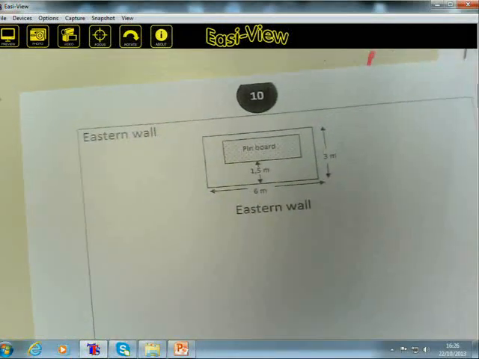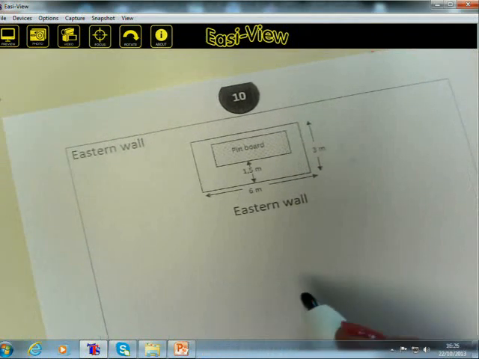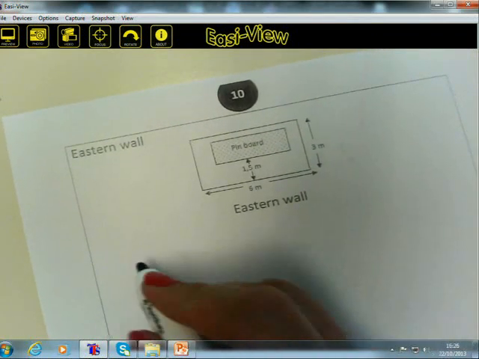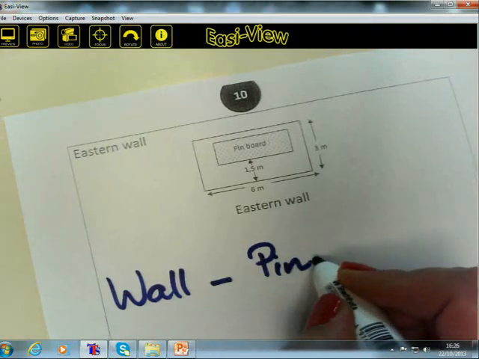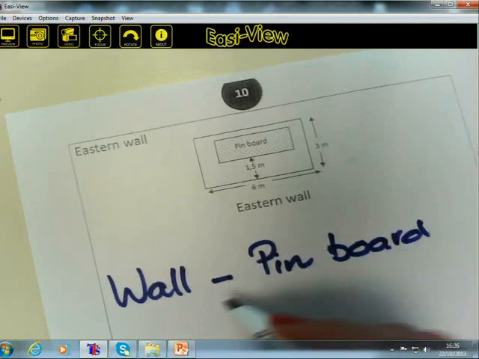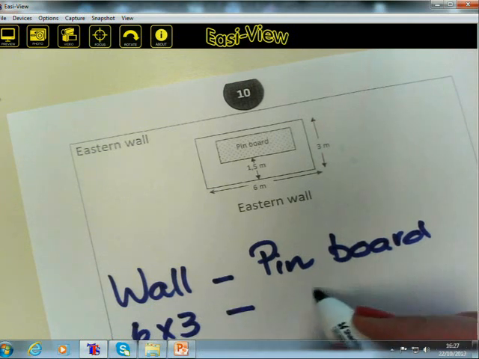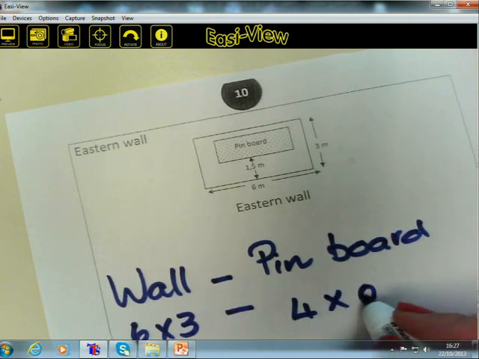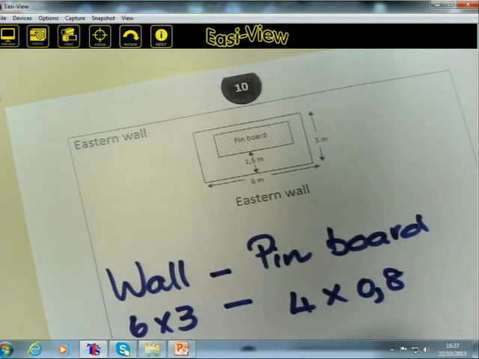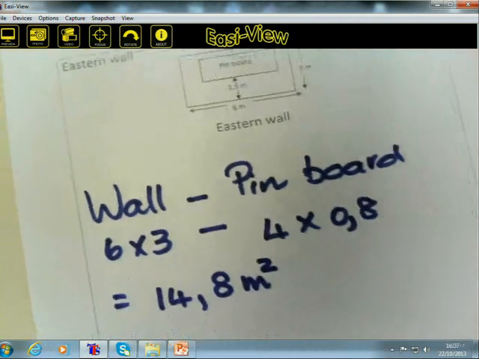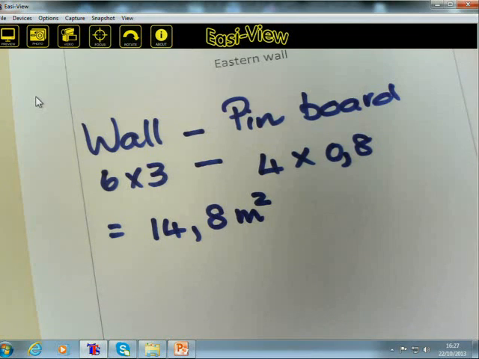We go over to the eastern wall. We will do the area of the eastern wall, the wall minus the pinboard. The wall will be 6 times 3 minus the pinboard is 4 times 0,8, and that gives me 14,8 square meters.